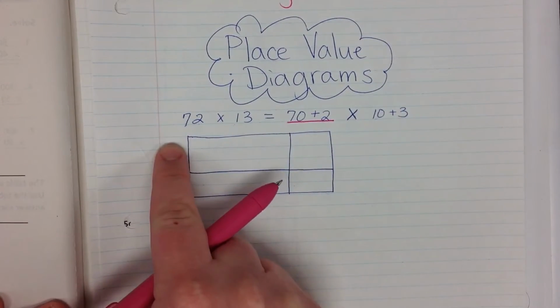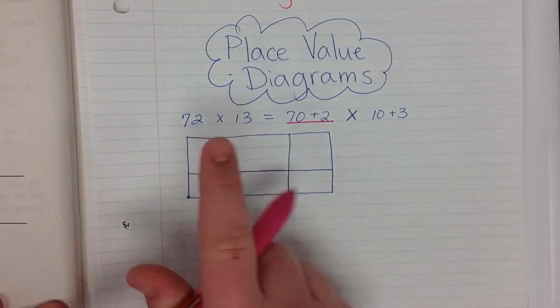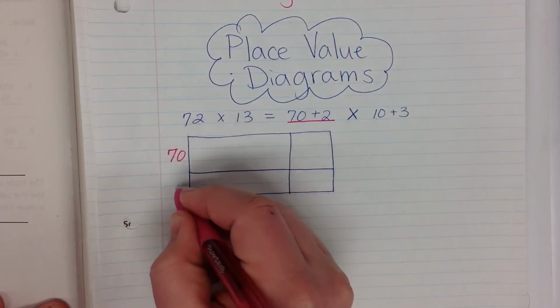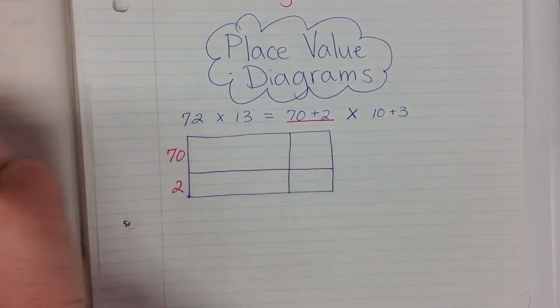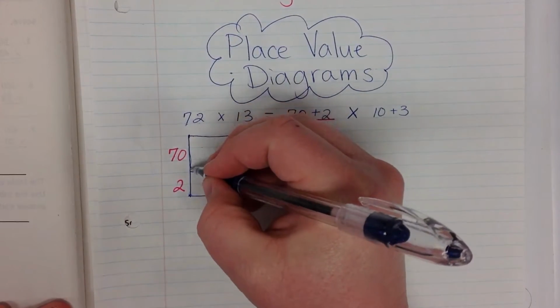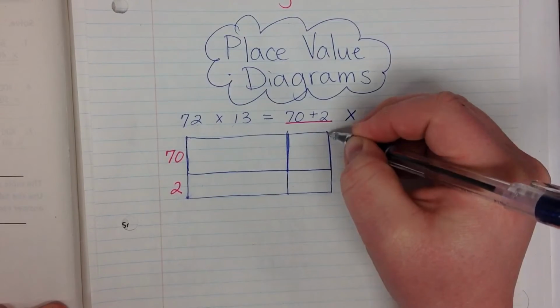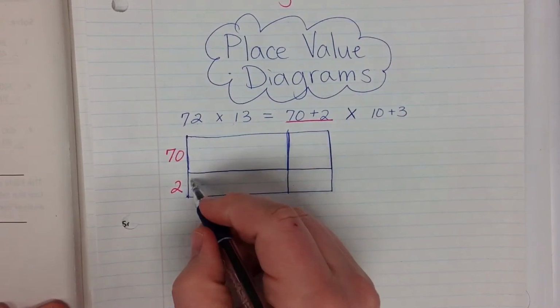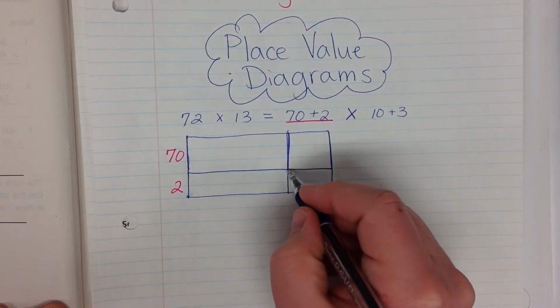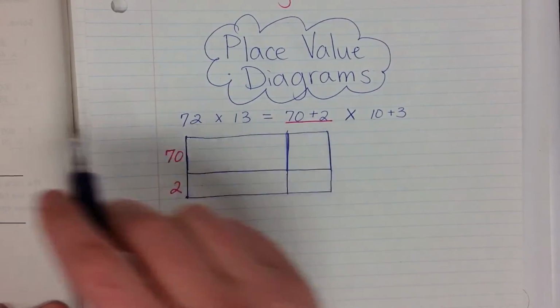One part of the expanded form is going to go up here, the other part's going to go here. So we're going to write 70 and 2. So 70 is now representing this part here, and this part here. And the 2 is representing this little piece from here to here, this piece from here to here, and this piece from here to here.